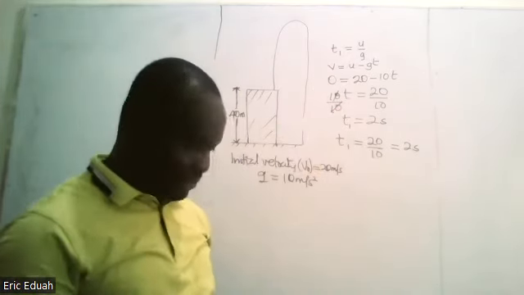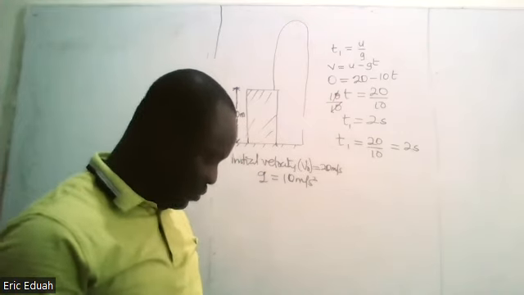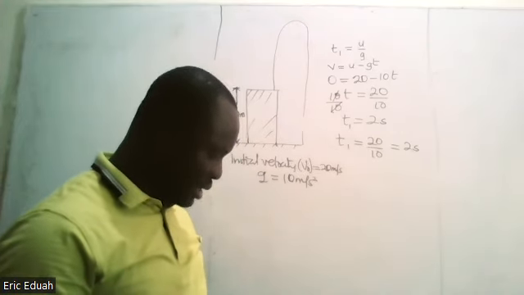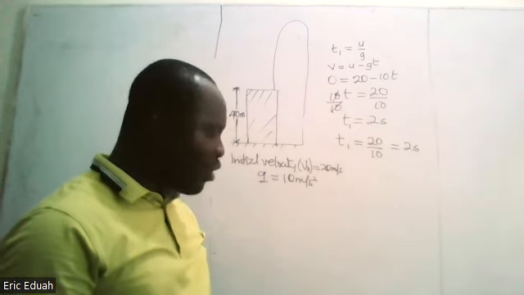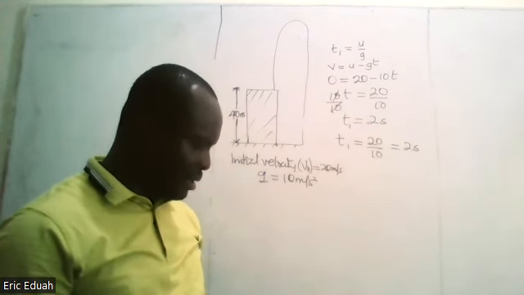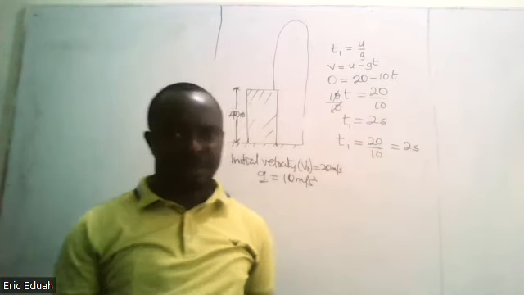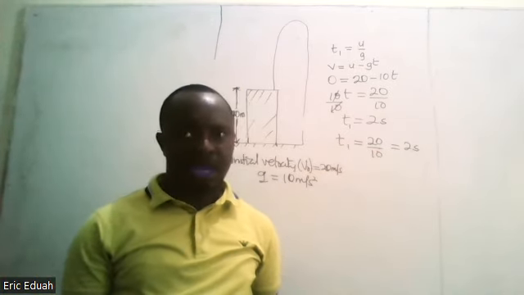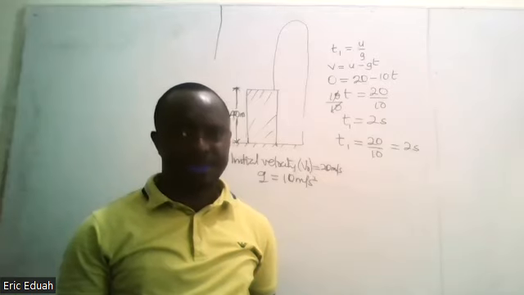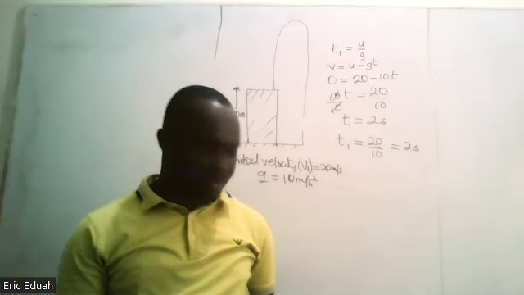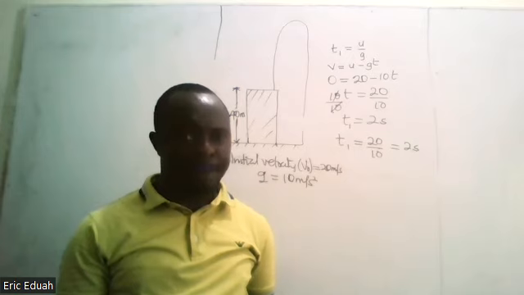The second question, B. How high will it rise? Abba Busha, are you there? Abba, yes, sir.